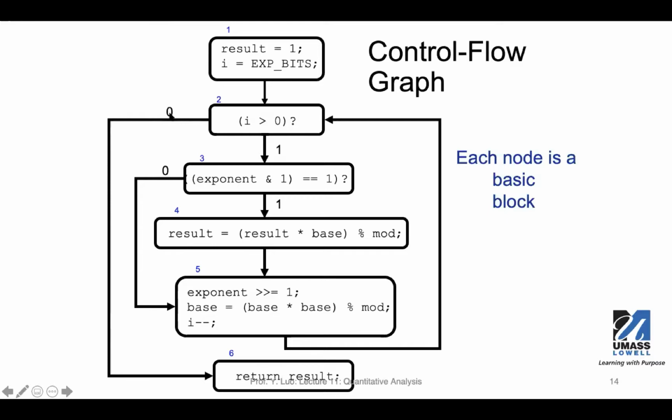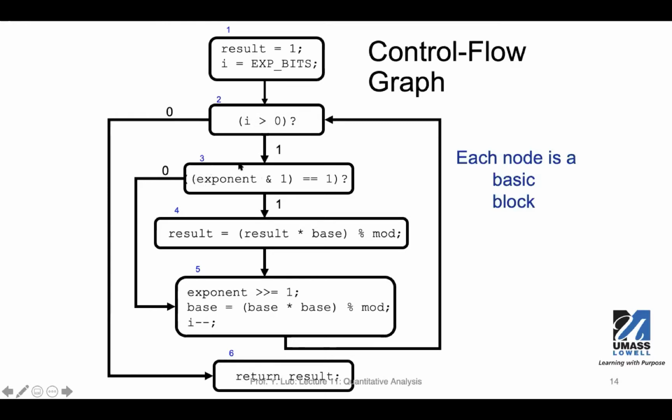We use 0 on the outgoing line to indicate the condition is false. So if I is not greater than 0, it will jump to here to return the result. Otherwise, we have a 1 marked on the exiting edge to indicate this is the path that will be taken if this condition is true.